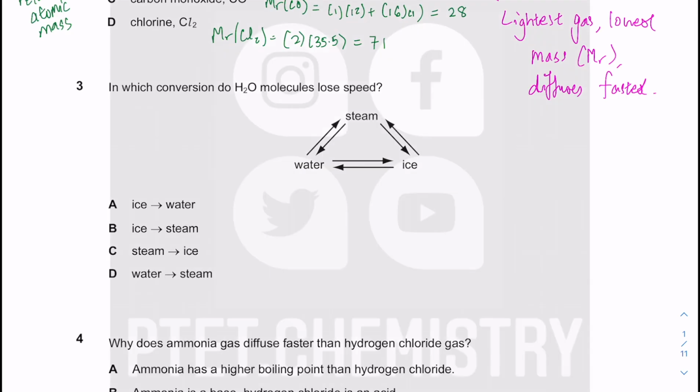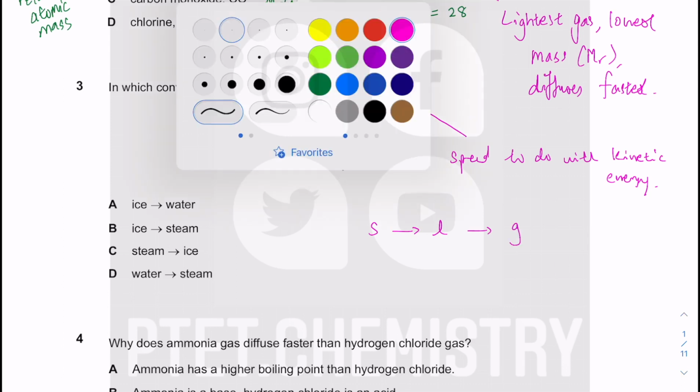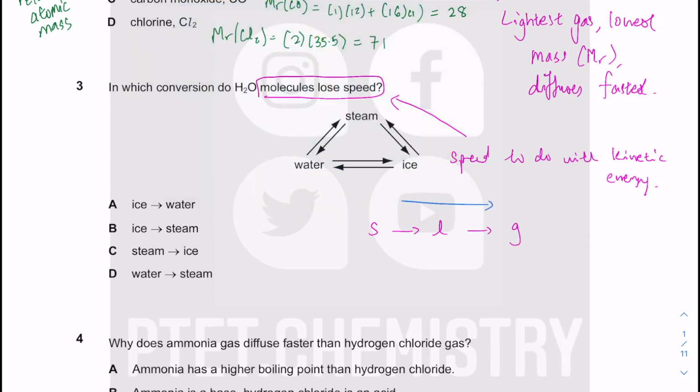Number 3, we are talking about the molecules losing speed, all right? Why do you lose speed? Speed is to do with your kinetic energy, and kinetic energy is to do with motion. As you go from solid to liquid to gas, in that order, your particles move faster.